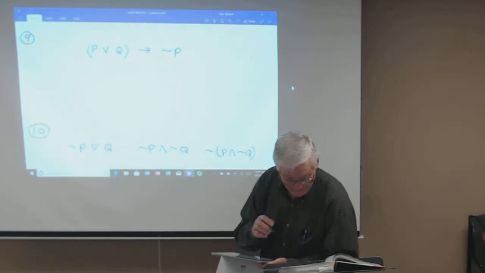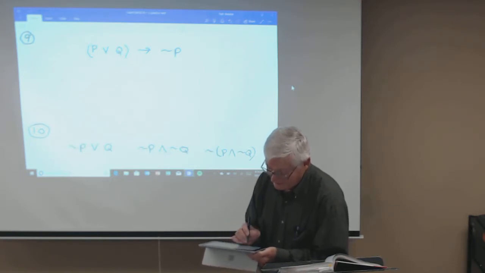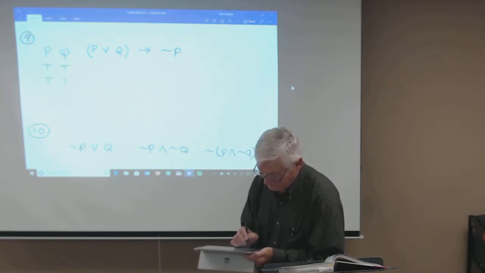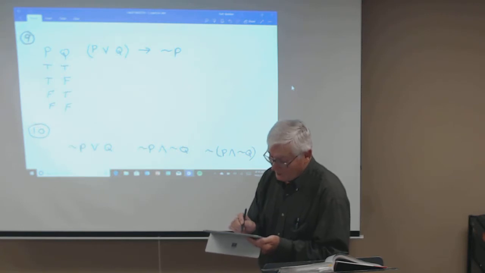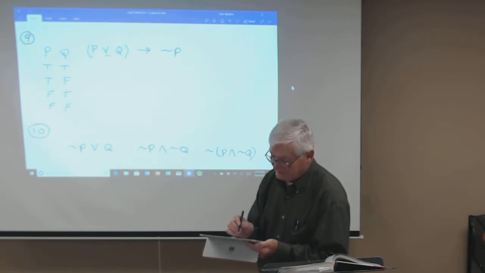Number 9. Construct a truth table for P or Q. If P or Q, then not P. So I put P and Q out here again. And I go true and true. True and false. False and true. And false and false. What's P or Q? True or true would be what?